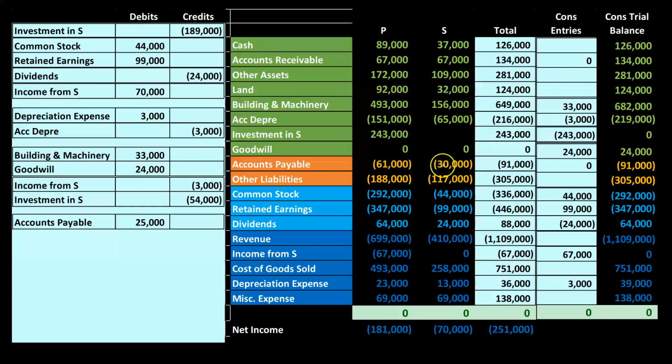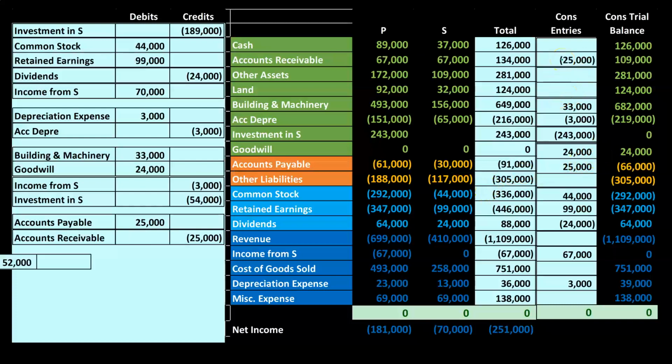That means that assets and liabilities will be overstated when we consolidate, netting out in the equity section, but we need to remove or decrease them both. So the accounts payable goes down with a debit, and then we're going to credit the accounts receivable, which also goes down.